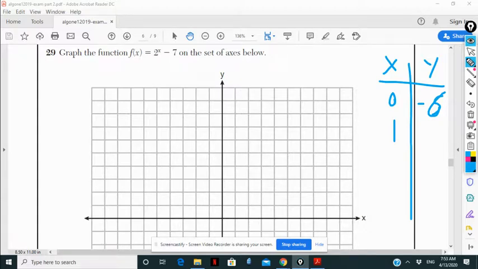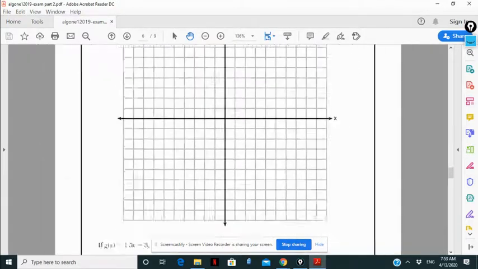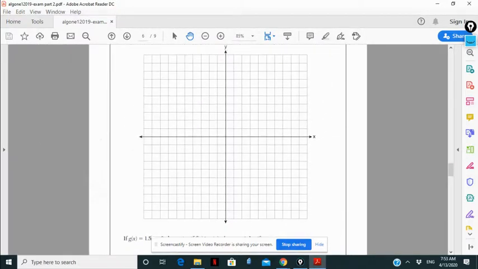When x is 1, it's negative 5. When x is 2, 2 to the power 2 is 4, so it's negative 3. When x is 3, y is 1. So I'm going to graph that on the axis.